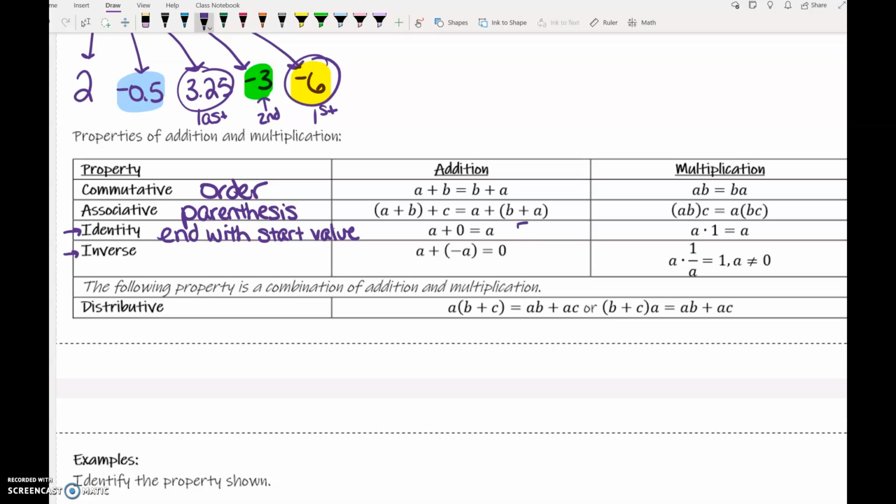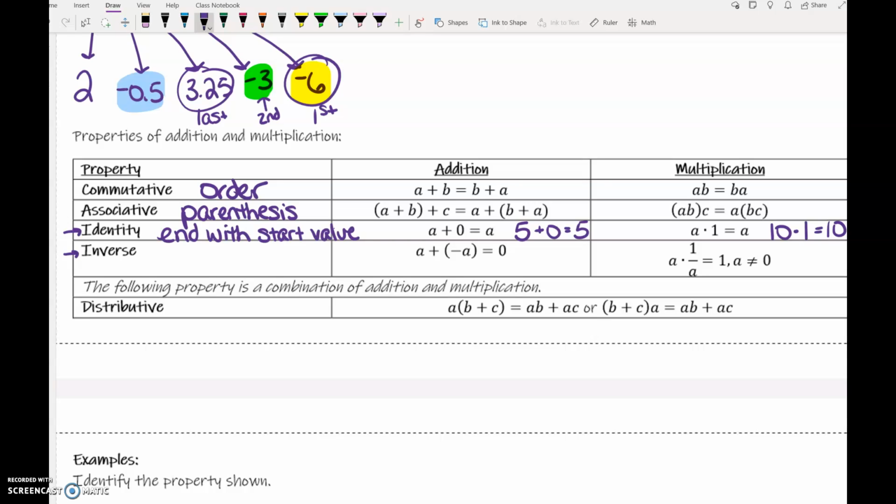If I take the number 5 and add 0 to it, my answer is still 5. I started with 5, I ended with 5. That's the identity property. If I take the number 10 and multiply it by 1, I still have 10. I started with 10, I multiplied by something, I ended with 10. I haven't changed the value of the number. That's the identity property.